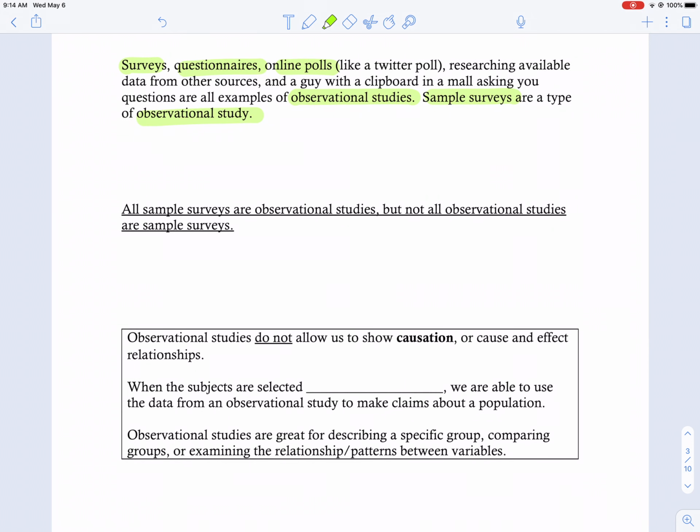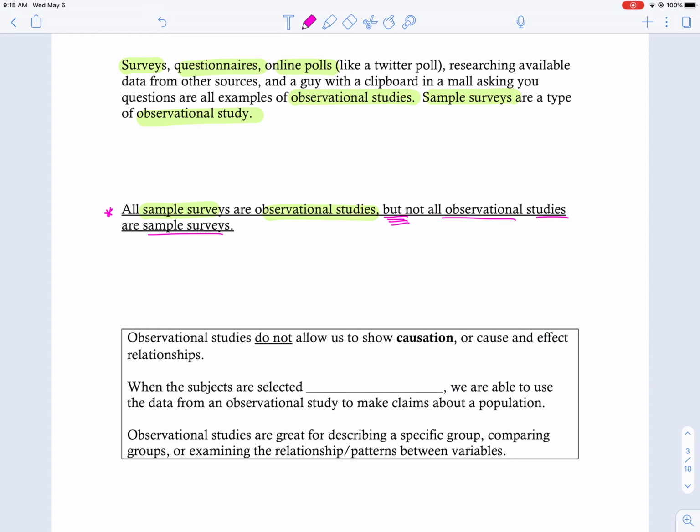So all sample surveys are observational studies, but not all observational studies are sample surveys. So you don't always have to have an observational study that came from a sample survey, but if you're doing a sample survey, it's definitely an observational study.